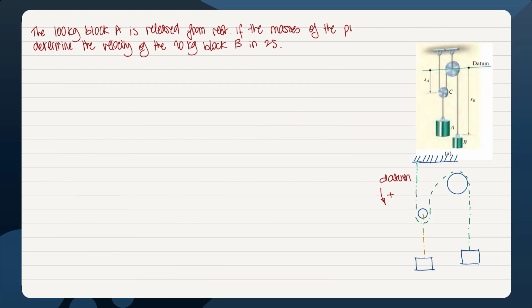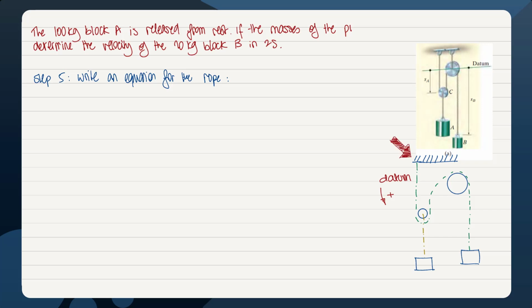And to do so, if you remember from the section on dependent motion in chapter 12, there are a couple of steps we need to do before we actually write the equation. So first, we need to select the datum lines for both bodies. Remember, the datum line needs to be fixed. So in this case, I have decided to pick a datum line which is connected to the upper fixed surface.